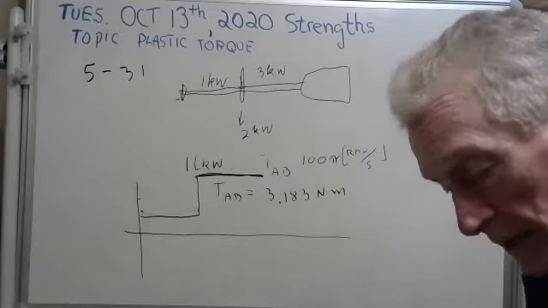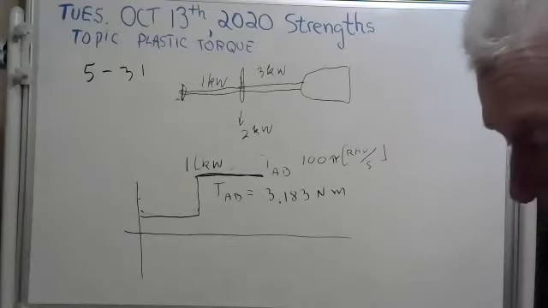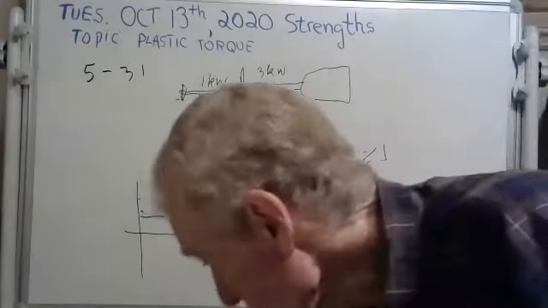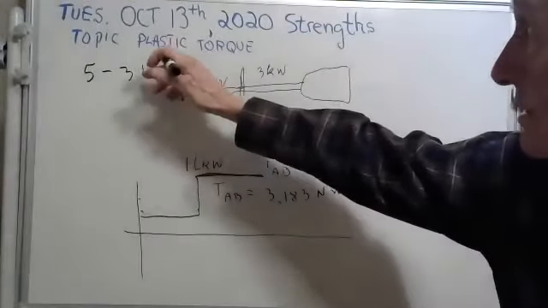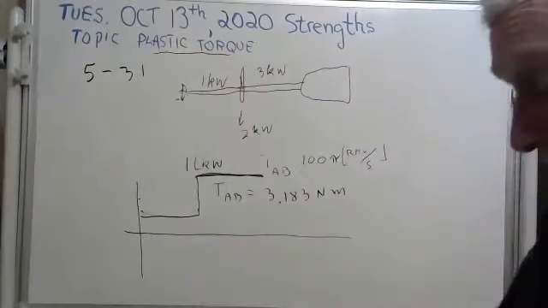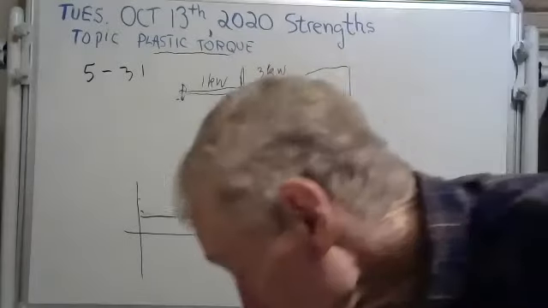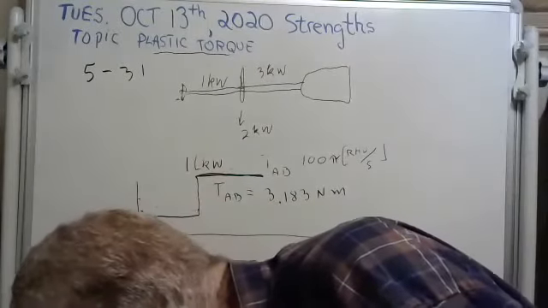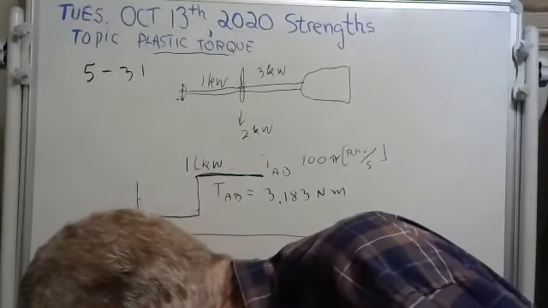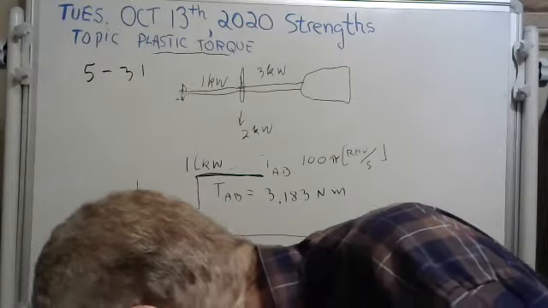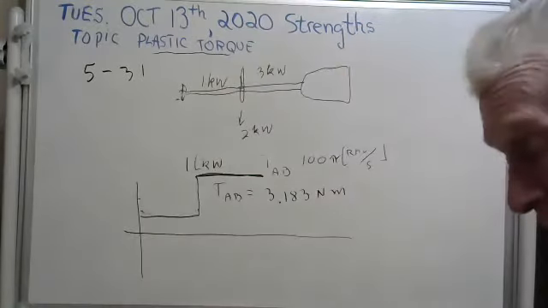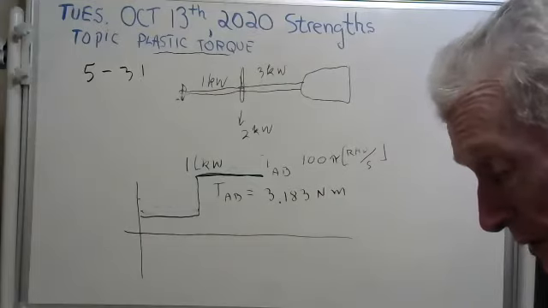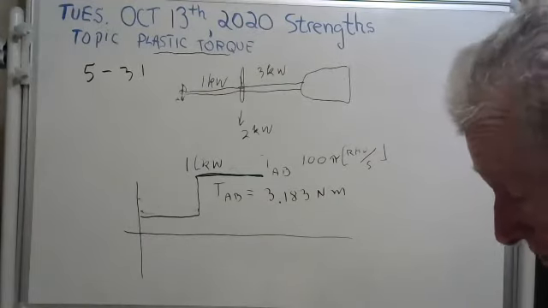Well, okay. Let's do kind of a review problem, and then we're going to talk about plastic torque. That's the topic for today. But we might want to go over some stuff here that we're supposed to know. Well, what about homework and an exam?